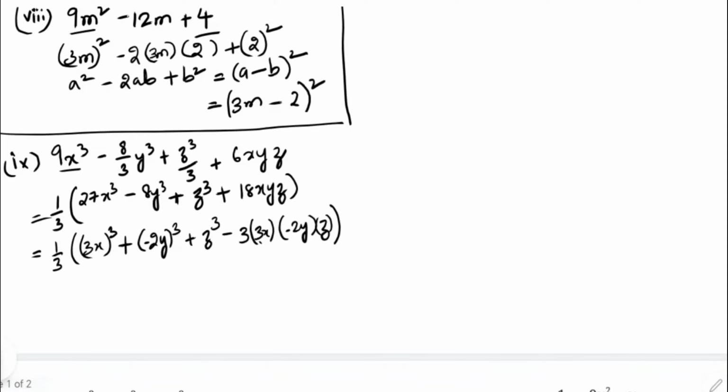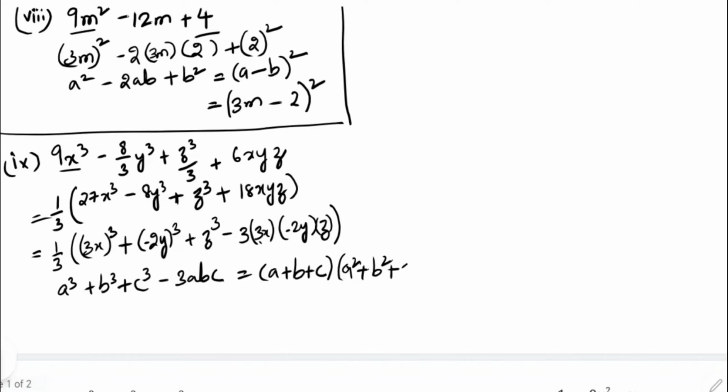Okay, so let us write down the formula over here. The formula here is a cube plus b cube plus c cube minus 3abc, which is equal to a plus b plus c into a square plus b square plus c square minus ab minus bc minus ca.